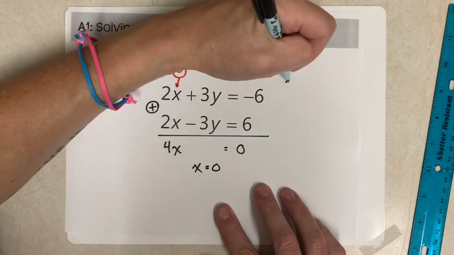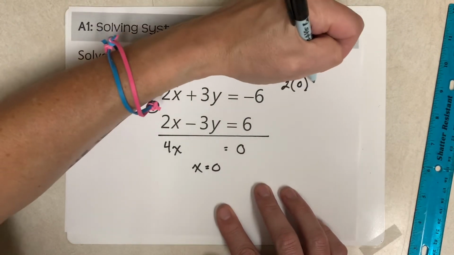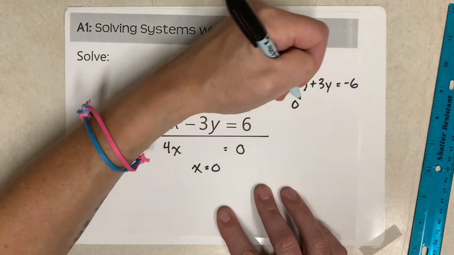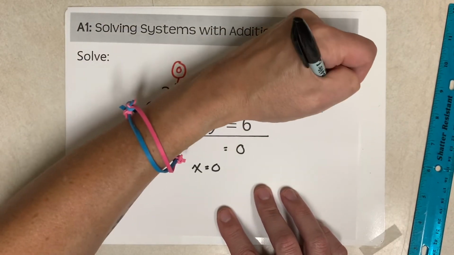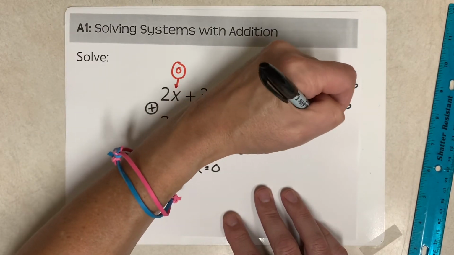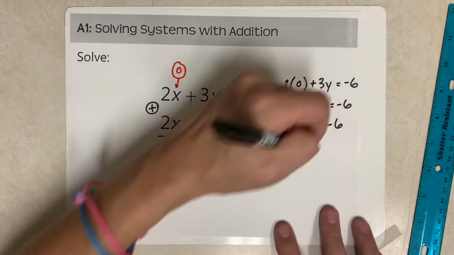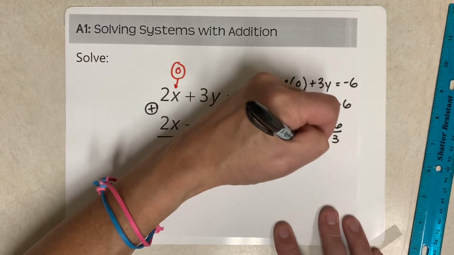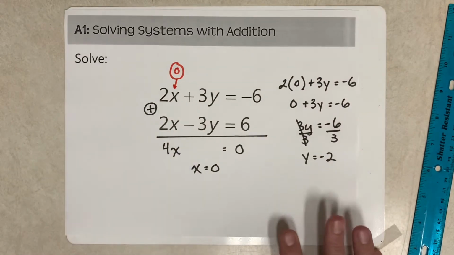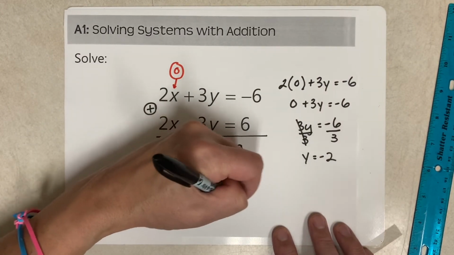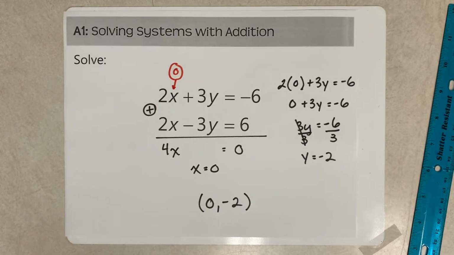So 2 times 0 plus 3y equals -6. 0 plus 3y equals -6, which means 3y is equal to -6. Divide by 3, and y is equal to -2. So now I have the ordered pair solution 0, -2, and that's it for that one.